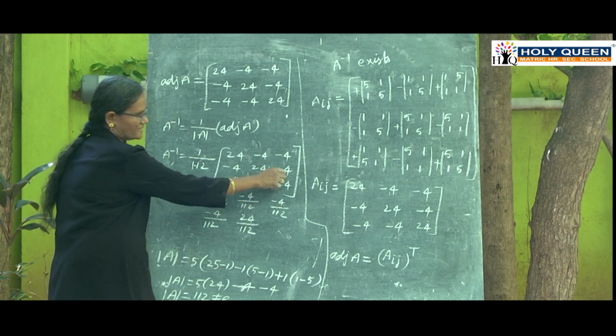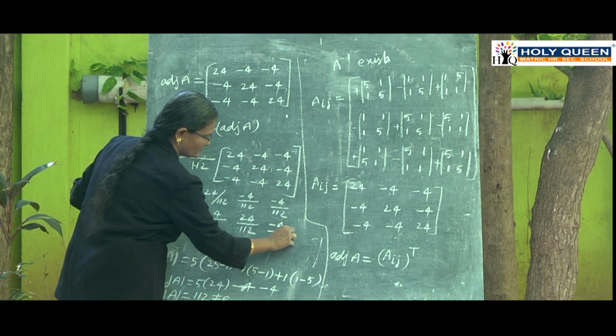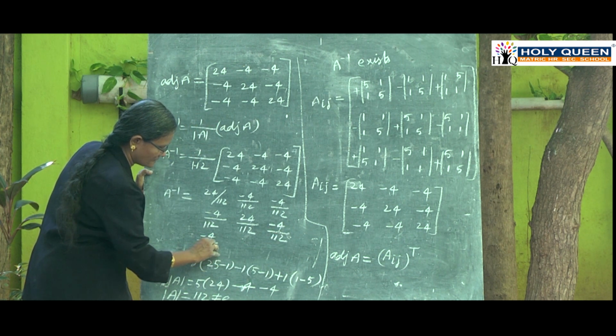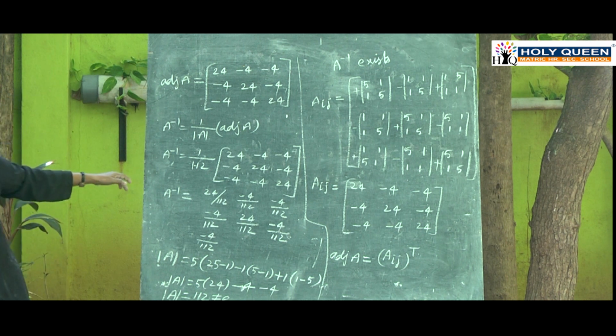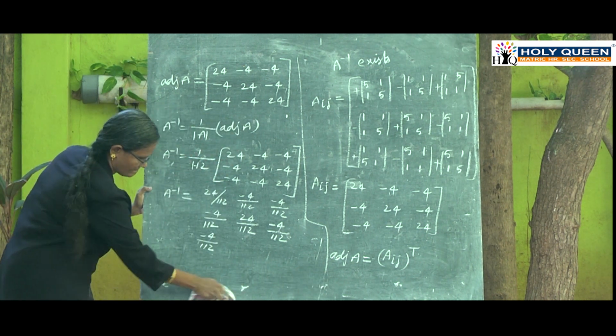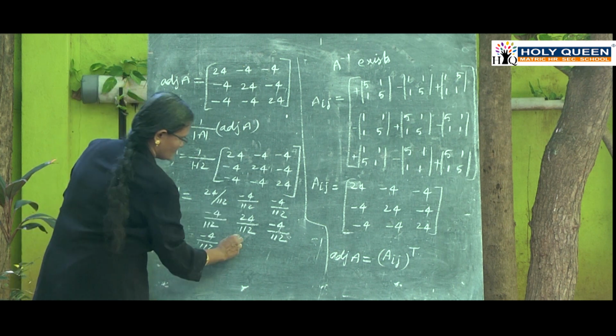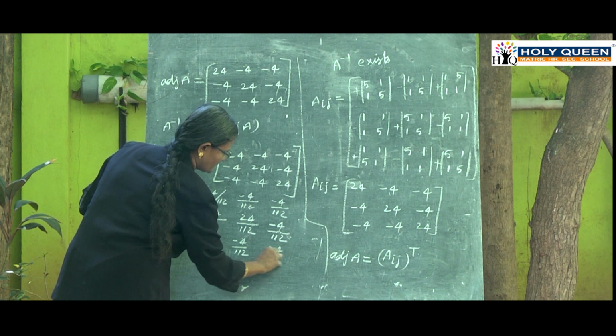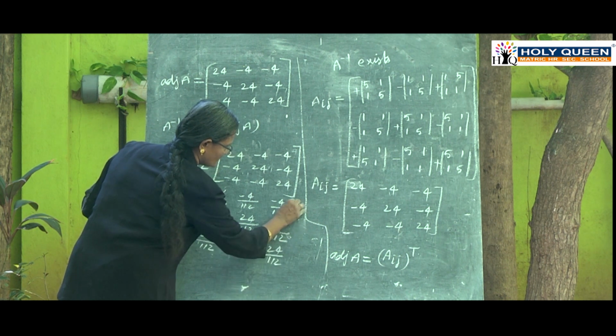What is the last element? Minus 4 divided by 112. Then minus 4 divided by 112, 24 divided by 112.